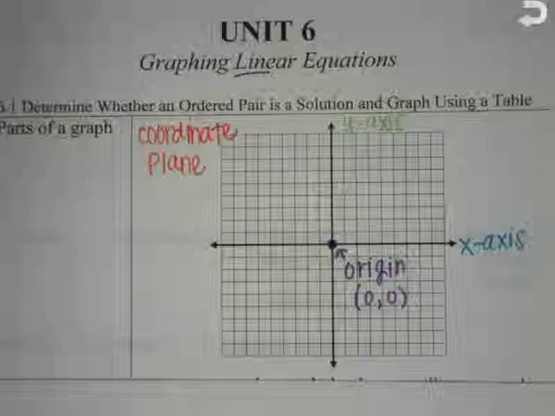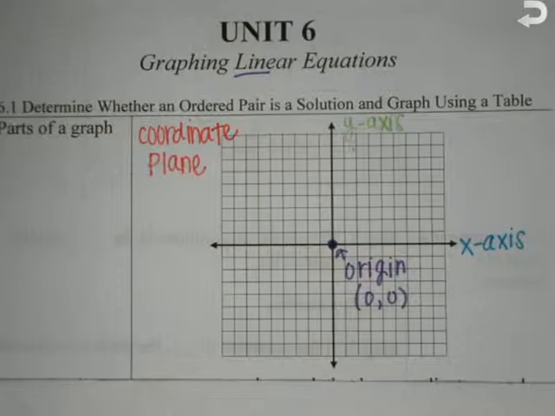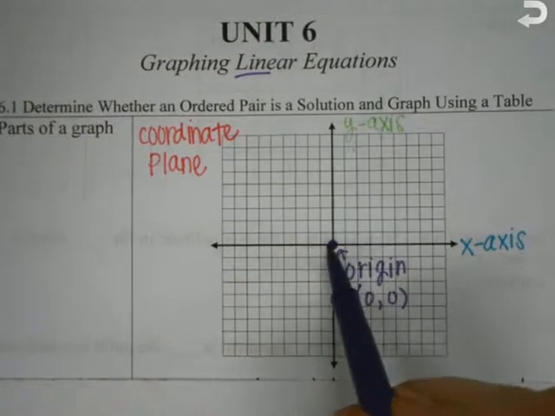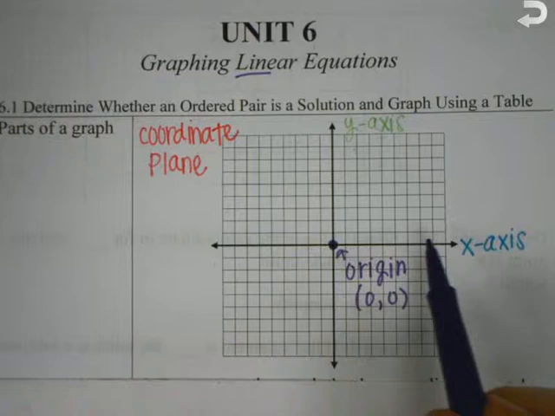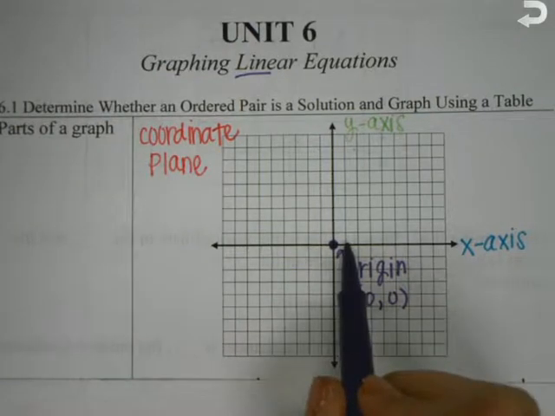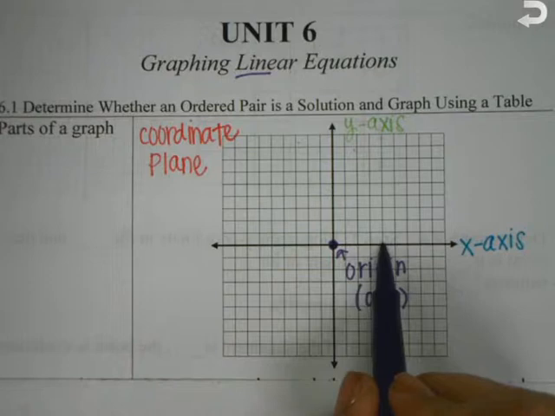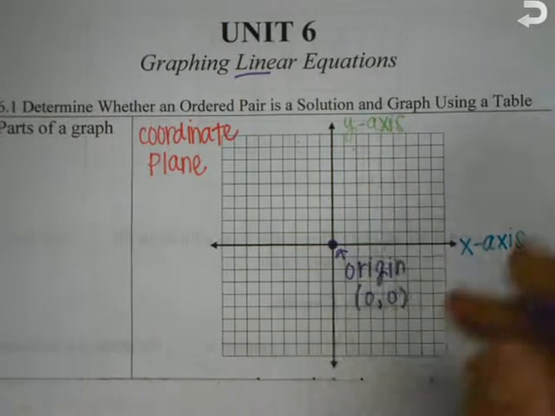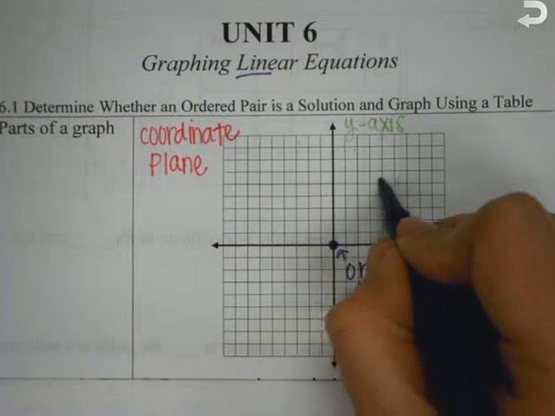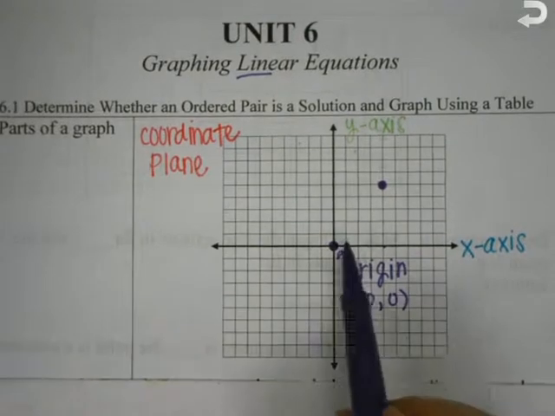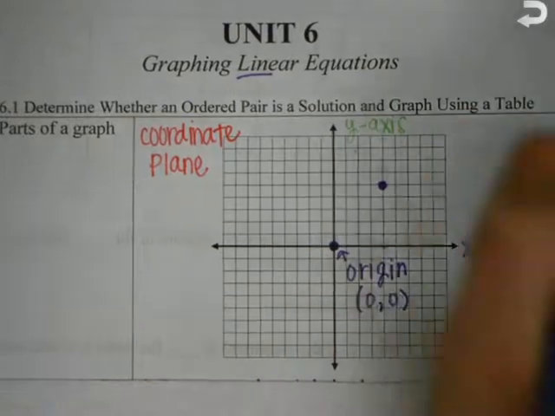When I am graphing a point, I always start at the origin 0, 0. Do I count x's first or y's first? X's. So I go along the x-axis, let's say 1, 2, 3, 4, and I go up 1, 2, 3, 4, 5, and I put a point there. What would the coordinate of that be? 4, 5. Very good.